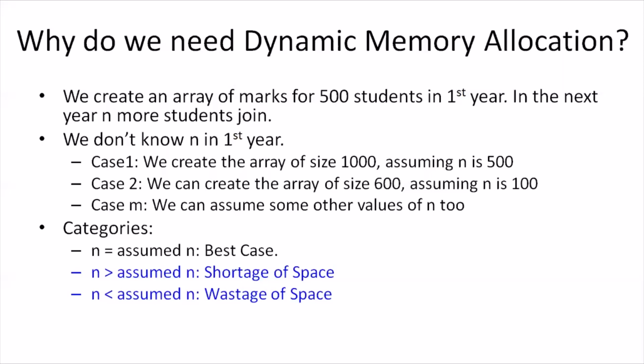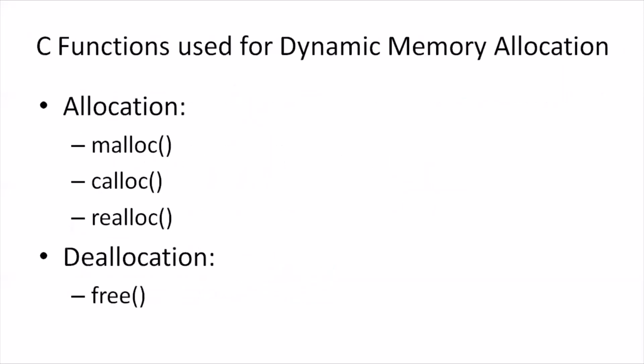To implement dynamic memory allocation in C, we need to know about the common functions that are responsible for allocating as well as deallocating memory dynamically. In the C programming language, the commonly used functions are malloc, calloc, realloc, and free. Out of these functions, malloc and calloc are responsible for freshly allocating memory from the heap, while the function free takes care of the deallocation.